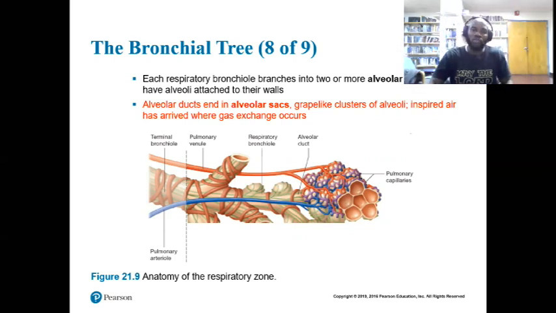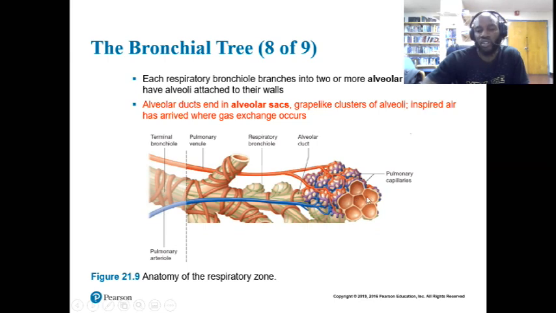Your respiratory bronchioles and these alveolar ducts also have alveoli attached to their walls. The alveolar ducts end in alveolar sacs, grape-like clusters of alveoli, and that's where your gas exchange happens.